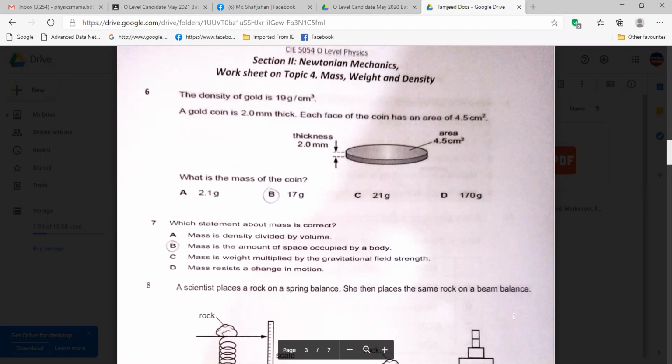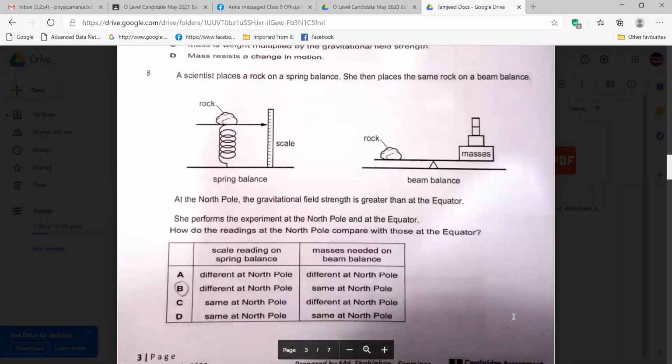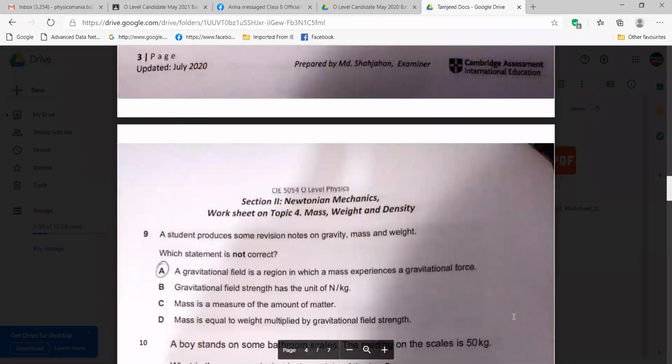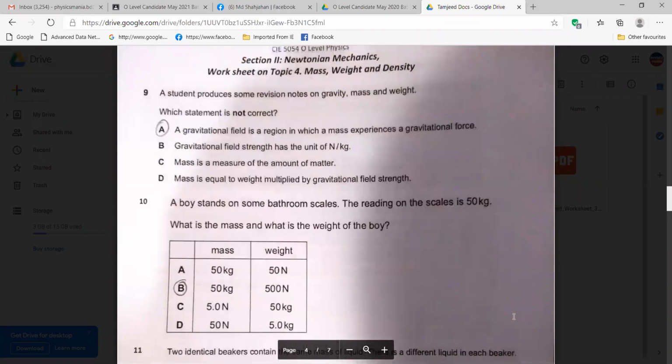Then which one? I think it's 9. They are saying which one is not correct. This one is correct. Didn't you see D?